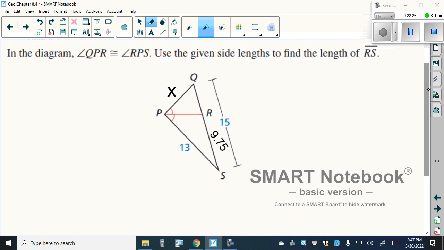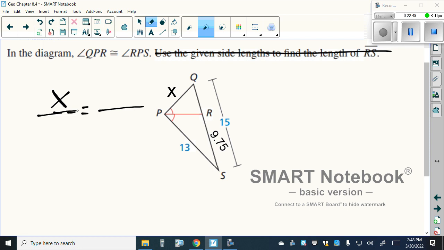So we're finding the value of X. We're going to set up our proportionality, and it's always nice to have the variable on top. If I can keep it purely on top, I'm going to keep it purely on top.